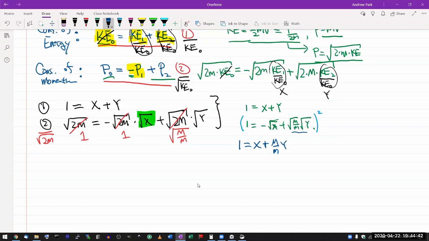And then there are things that we call cross terms, which if you go through it, it's going to end up being minus 2 times the square root of big M over small m times square root of xy. I'm still left with the square root. That's a bit disappointing.